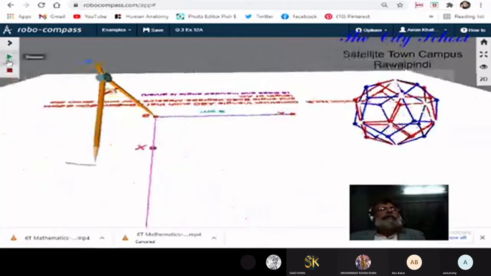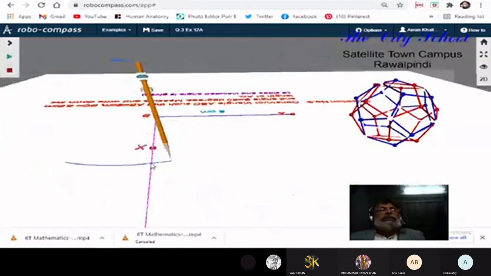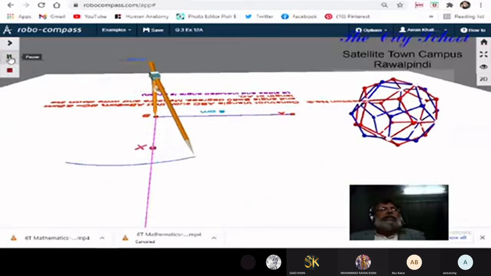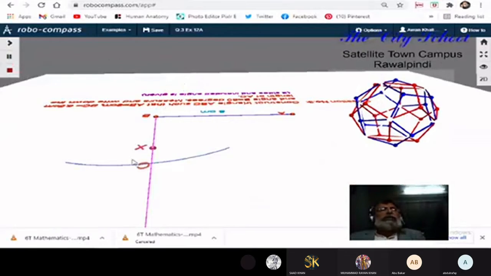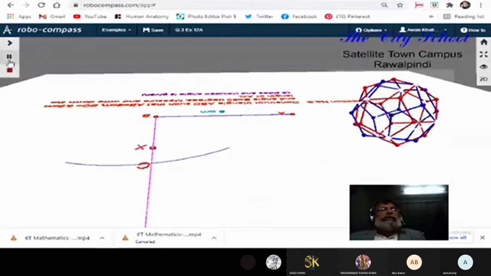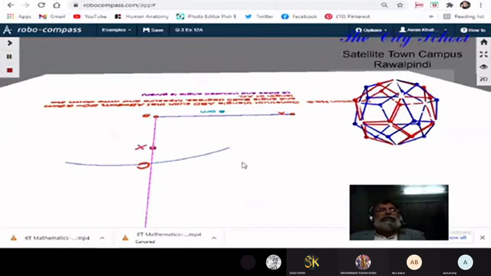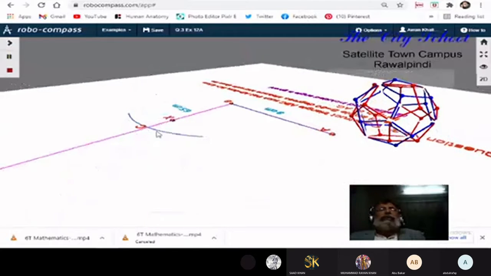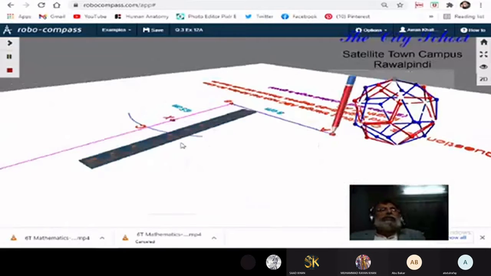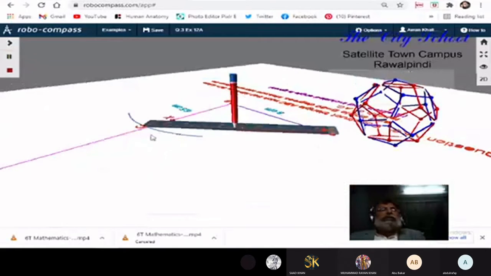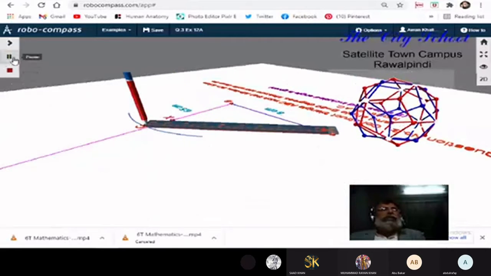That arc will be touching the previous line at this point, and this is the point C. Now we'll be joining this with A. By joining A and C, we can see that this is our triangle.